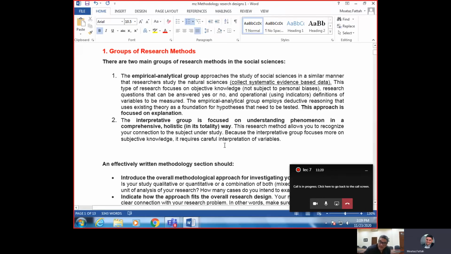Here it's different from empirical analytical approaches. In empirical analytical approaches, we are trying to eliminate my role as a researcher, trying to act as if we are physicians. It doesn't matter if it is Dr. X or Dr. Y or Dr. Z who is reading the blood test, they are going to end up with somehow similar results.